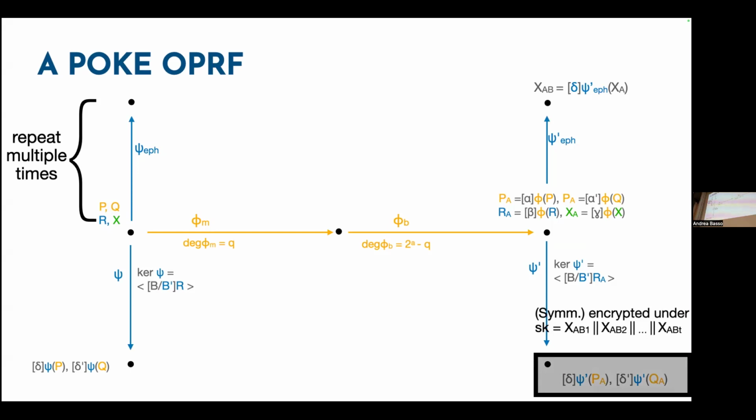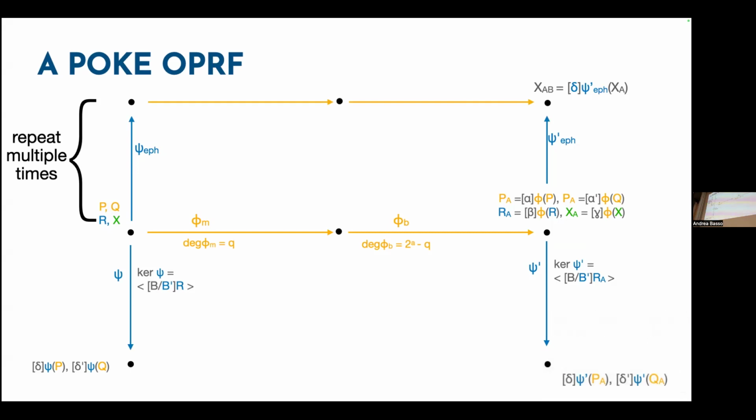All of this is sent to the client, and if the client is honest, they should be able to recompute those isogenies, obtain all the values XAB, which means they were able to decrypt this and obtain this value, and from this value obtain this bottom isogeny, from which this middle curve, the codomain of phi m prime, which depends only on the message isogeny and on the secret key, is precisely the output of the OPRF.